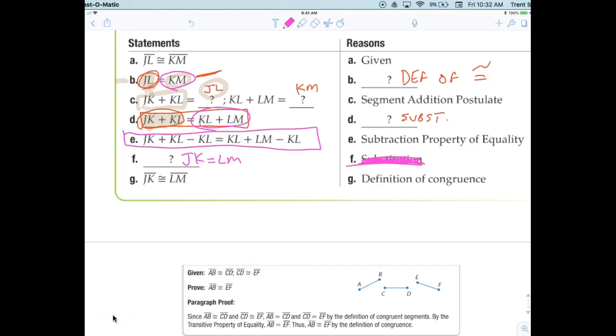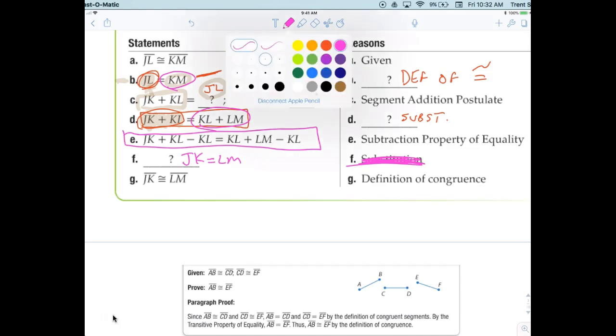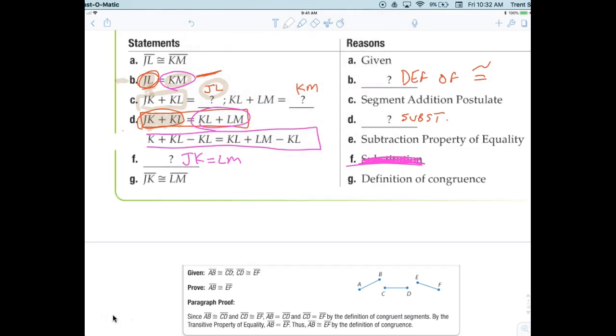So F is the subtraction property. That's what I want you to put down. I really do not like E at all. Does everybody hear me? Yes. Because JK is equal to LM, then JK is also congruent by definition of congruent.